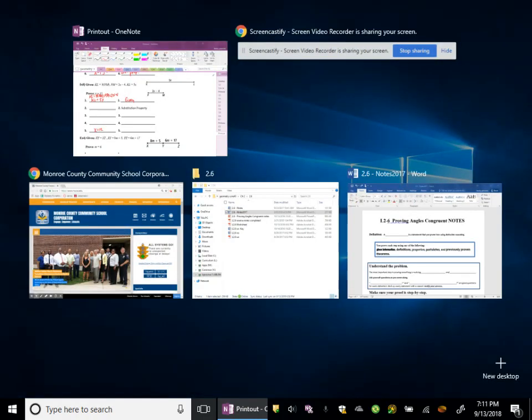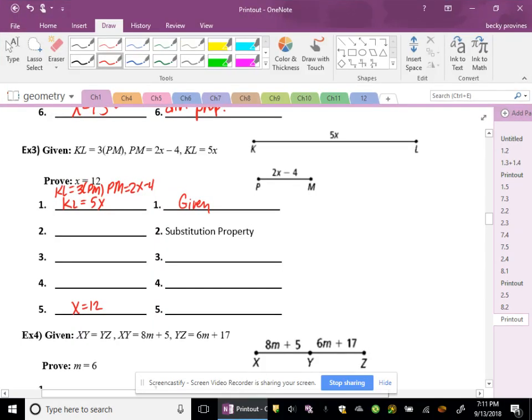Oh my, what just happened? There it goes. All right, so it says substitution, so I need to substitute something. I'm going to look at step number 1 because that's all I have, and figure out, is there anything in there for me to substitute?